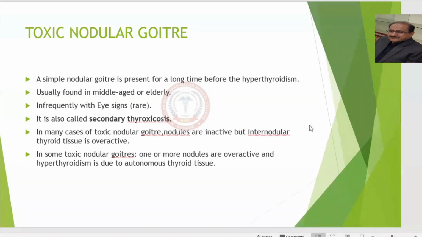In this case, the multinodular goiter is present for a long time. Some patients give you the history that they have had this multinodular goiter for 2 years, 3 years. But before that, when the multinodular goiter appeared, there were no signs and symptoms of hyperthyroidism. It means the thyroid gland was functioning normally.